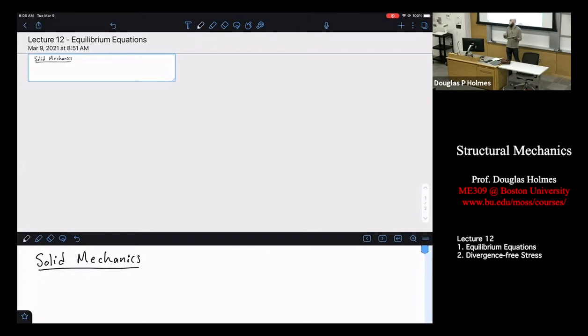Any object in equilibrium has to satisfy these four sets of equations. And the first one is the equilibrium equations, and that's going to be our focus for today.